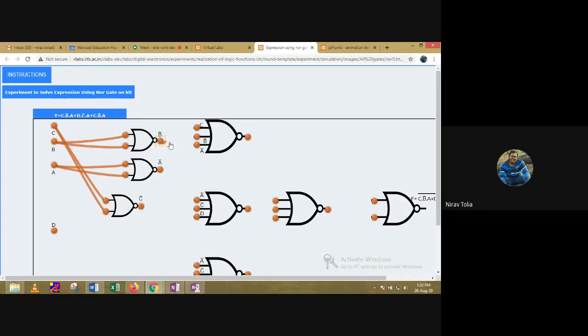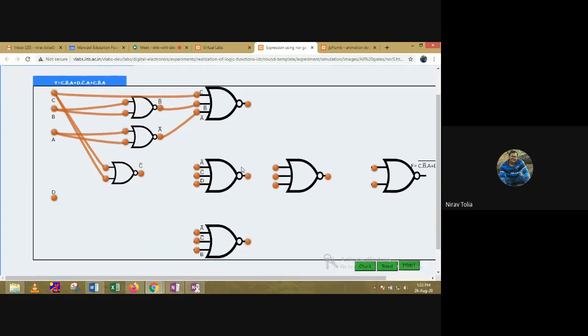Then I have to connect B bar with B bar, A bar with A bar, and what I required here C, so from C I can connect with C. Then I required A bar, so I am connecting A bar here.